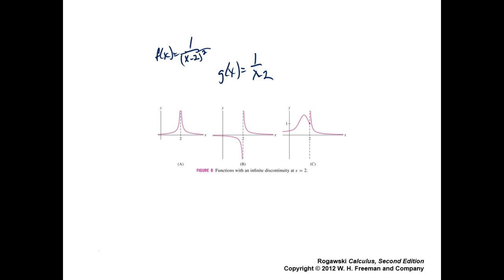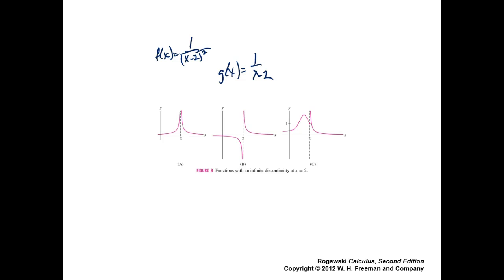Now I can't come up with, well, I don't want to try to come up with what that function could be for the left. This would be a piecewise defined function. C would have to be a piecewise defined function. From the left, whatever it is, it has a value at x equal 2, but from the right, it has no value, it's an infinite value.